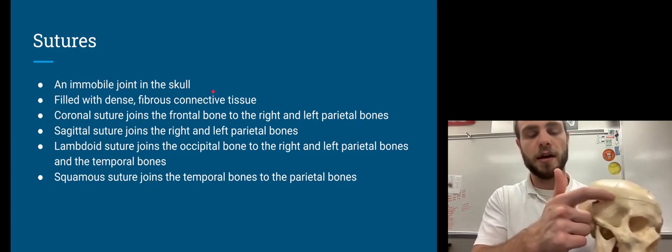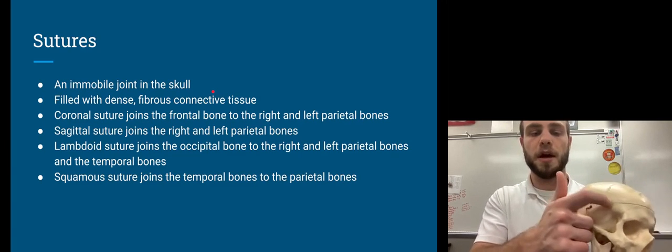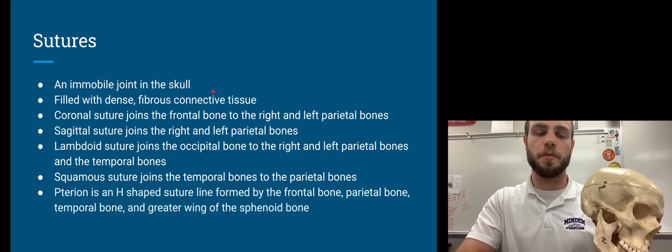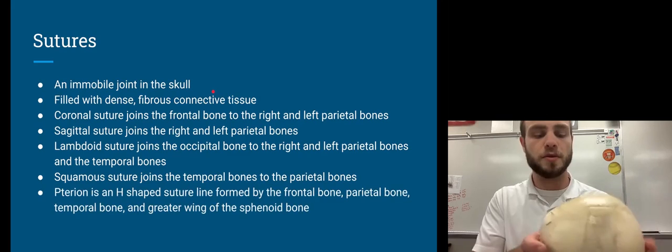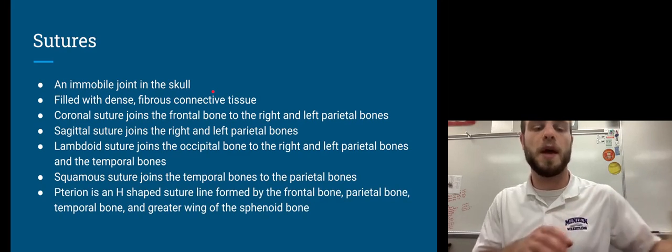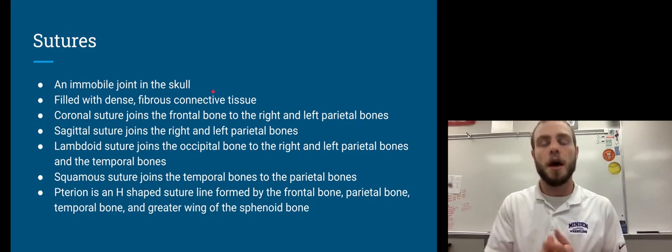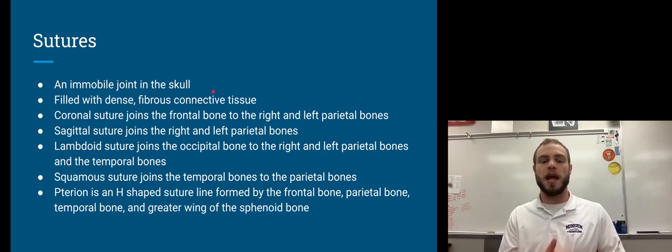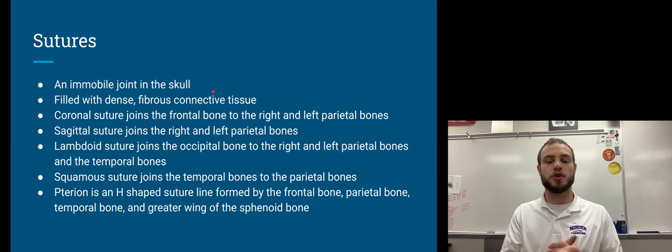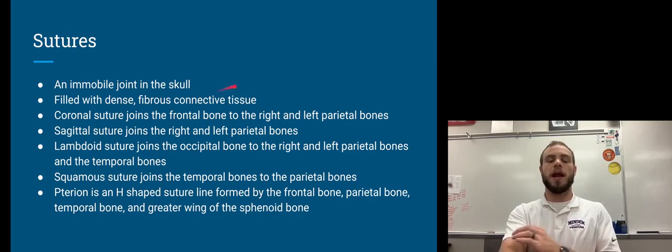It kind of gets cut off by where they have the skull cap cut here, but that's where the squamous suture would be. And it doesn't show up here, but you have what's known as the pterion. The pterion is a roughly H-shaped line of sutures formed from where the frontal bone, parietal bone, temporal bone, and the greater wing of the sphenoid bone are all in one area.